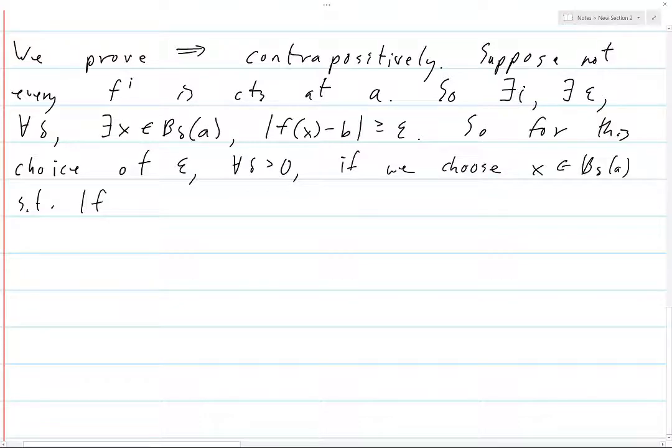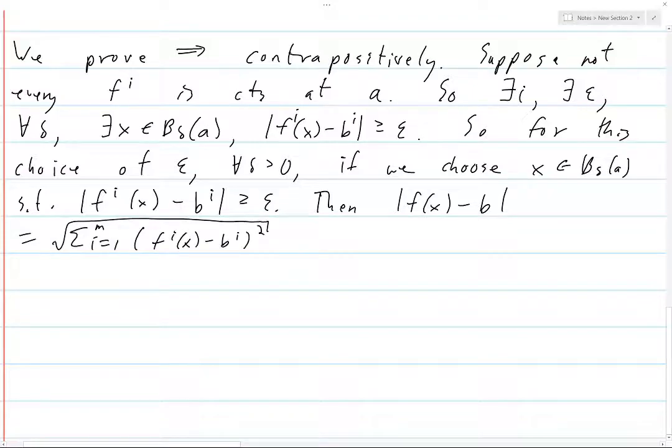Well, remember, this is just the norm of the coordinates. So if you were to write this out, you take the sum from j equals 1 to m of each fj of x minus bj, squared, and you take the square root. So you're taking the sum of a bunch of positive numbers and then taking the square root.